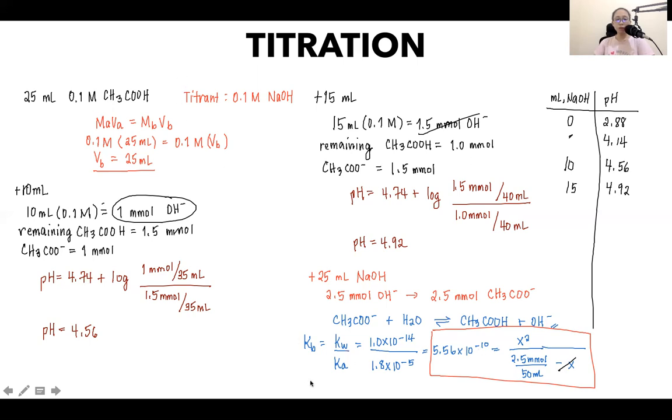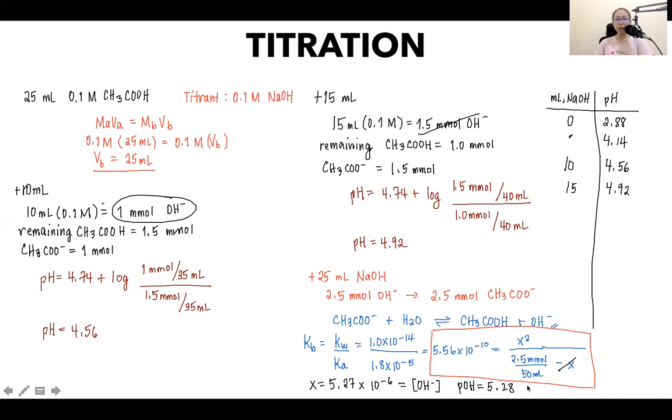So solving for x, this will give you a value of 5.27 times 10 raised to negative 6. But again, this is the concentration of your OH minus. So if we get the negative logarithm of this, that's your pOH, and this value is 5.28.